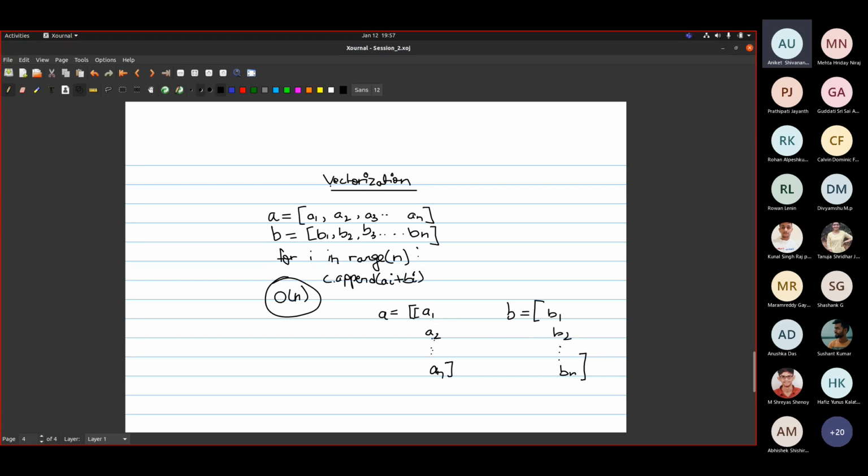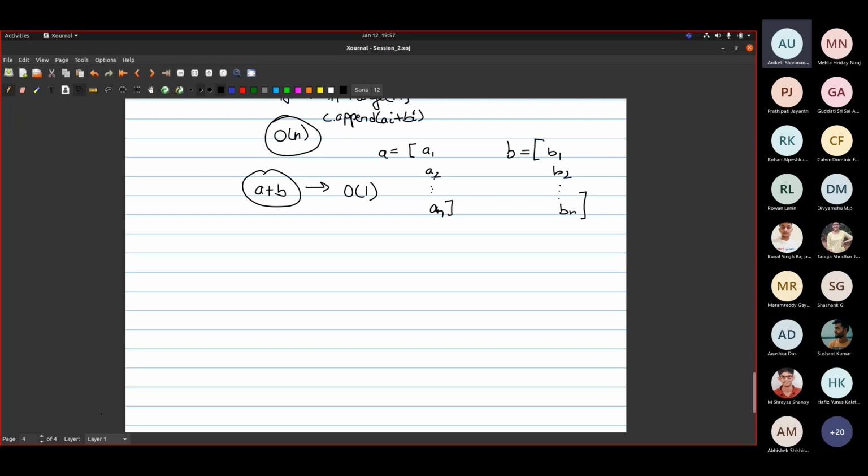Then you can just do A plus B. This will give you a new array. That is all you need to do, and the runtime is O of 1, constant time. This is very useful when we have a lot of equations on which we are doing similar operations, because it becomes very easy.